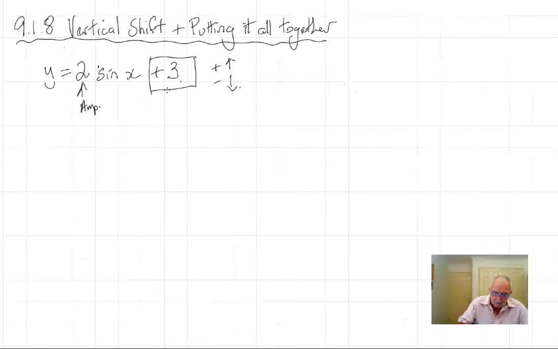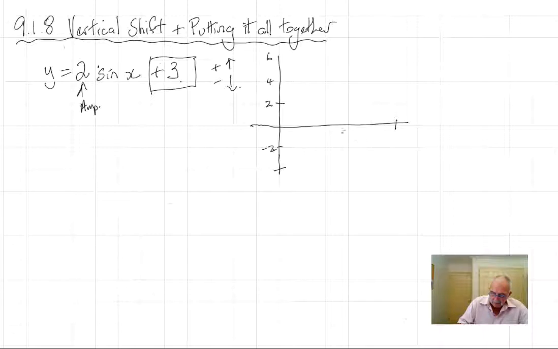So it's probably good when we go to sketch these to do it in steps. And we'll just start off with y equals 2 sine x. Now 2 sine x will go between plus 2 and minus 2. We might have to make it go up in 2s. So that's 2, minus 2, and that'll be 4, and that'll be 6. So if we've got 2 sine x, it's going to oscillate between plus 2 and minus 2.